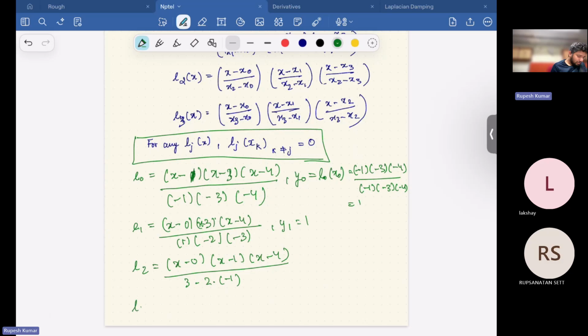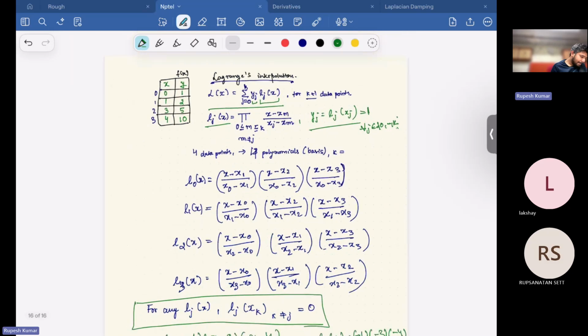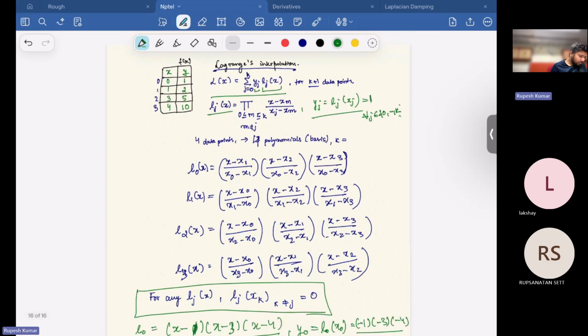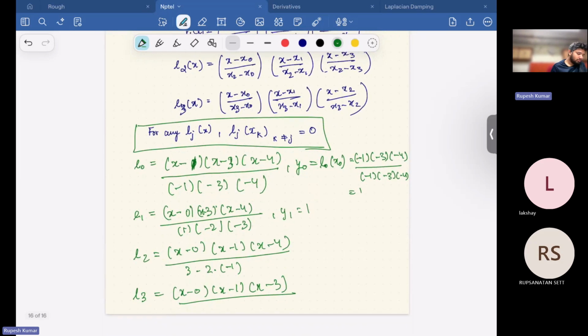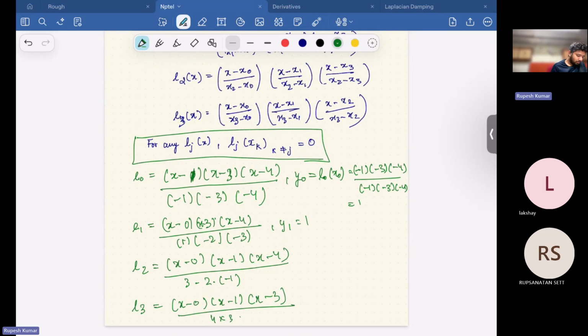And then L3 would be x minus 0, x minus 1 into x minus 3, divided by 4 into 3 into 2. Again, y2 equals 1 and y3 equals 1.